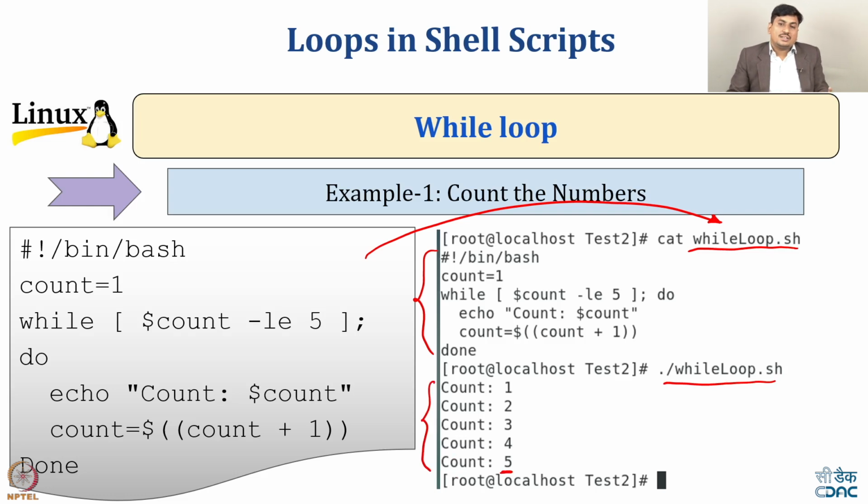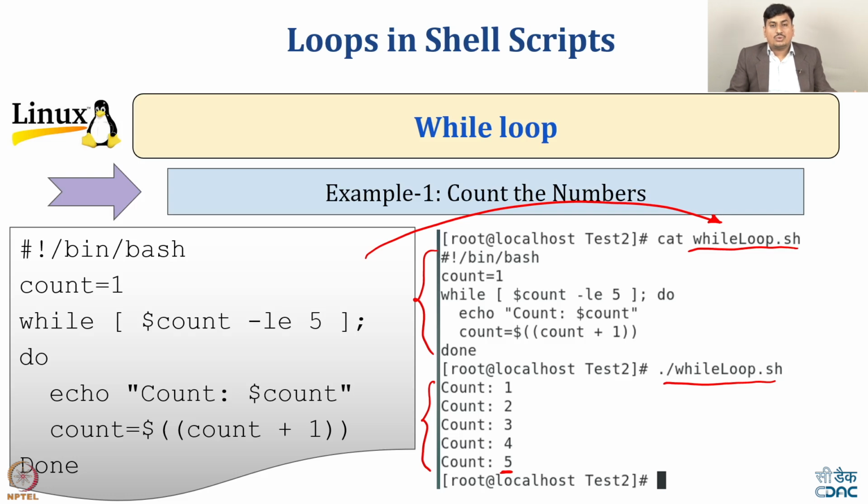Generally, always remember where the while loop is used and where the for loop is used. As in other programming languages, the same concepts apply here. If I know the number of iterations beforehand, then in such conditions you can go for the for loop.